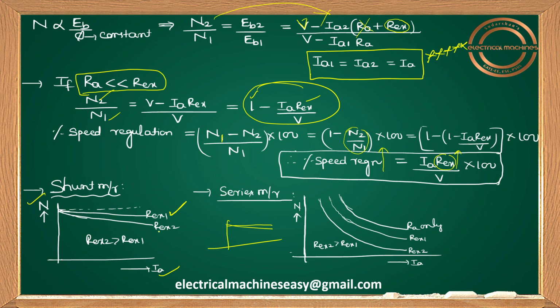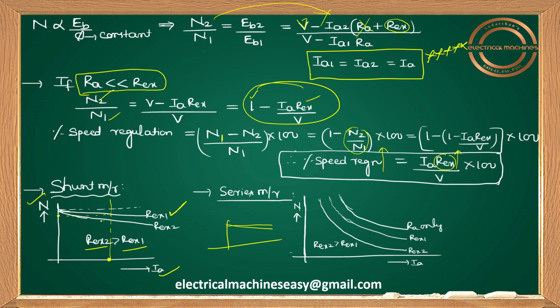Suppose if I go for REX2, which is more than REX1, I told you speed regulation will be increasing. That means the curve is reduced. Once again the graph is drooping only, but that graph will be below REX1. If you want, you can check at a particular load. At this load, if REX1 is there, this is the speed.